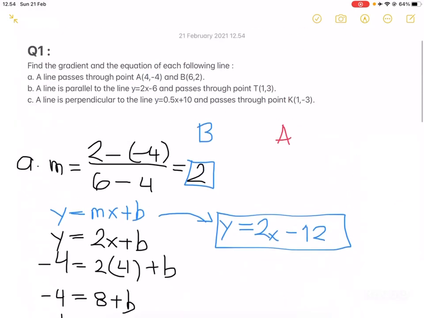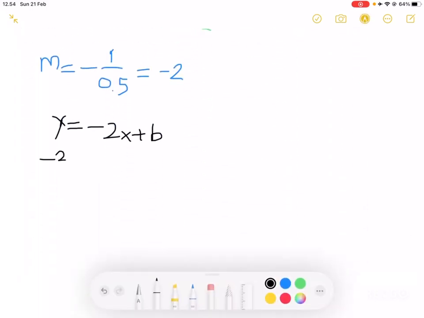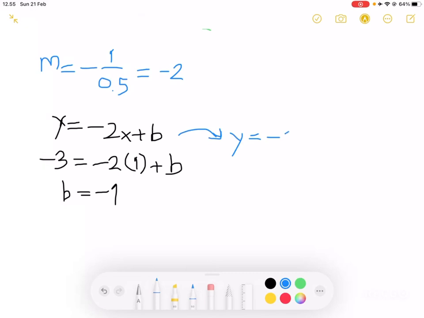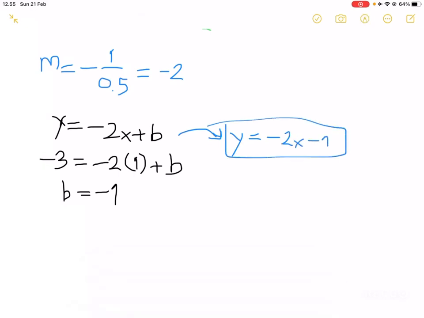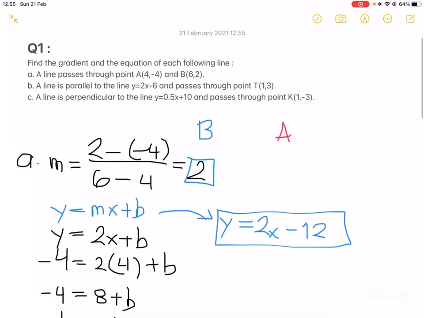Then we know our y-coordinate for point K is -3 and our x-coordinate for K is 1, plus b, giving us b equals -1, which means the equation of our unknown line will be y equals -2x minus 1. That's it for question 1. Let's jump into the second one.